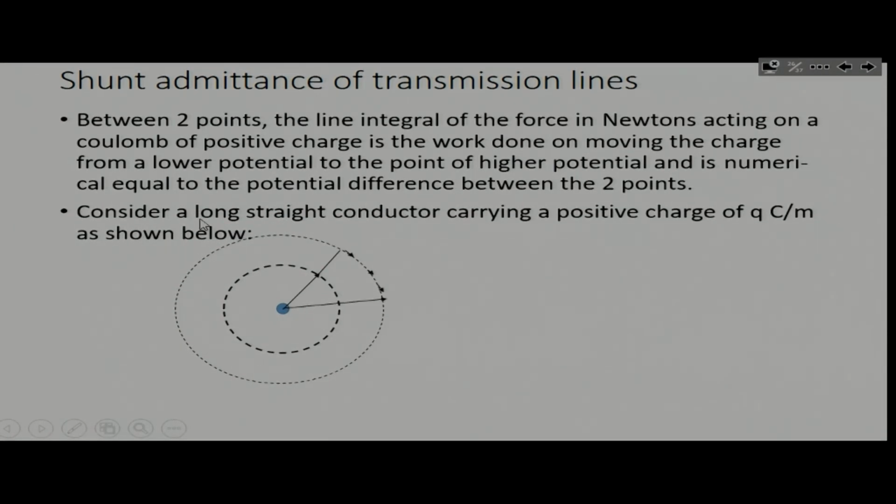So let's look at a long straight conductor carrying a positive charge of Q coulombs per meter. There's the path, distance D1 to the point P1. There's the charge, and D2 is the distance from the conductor to the outer perimeter, which is P2.